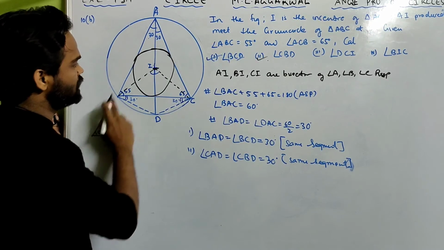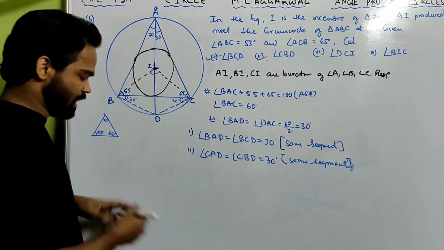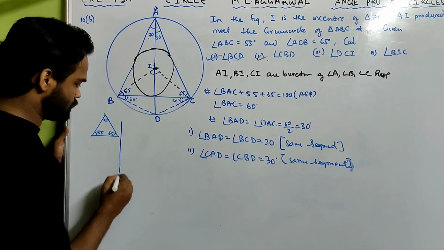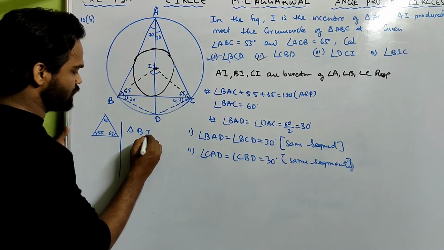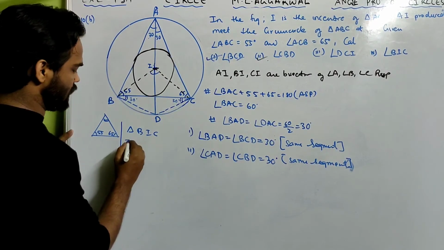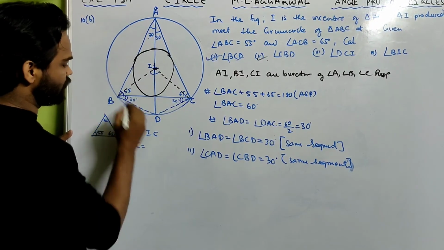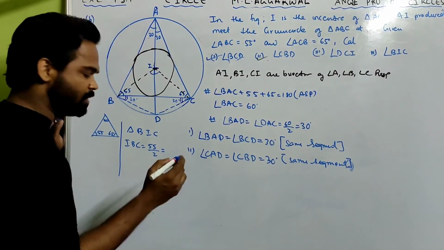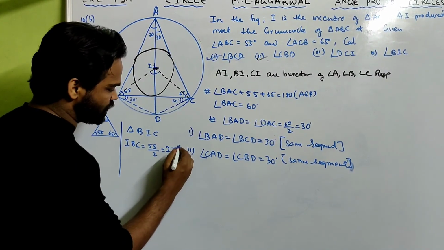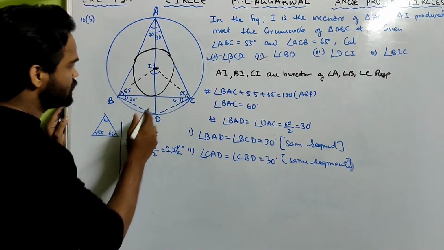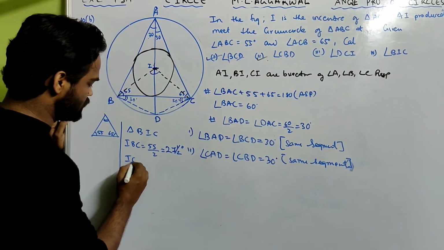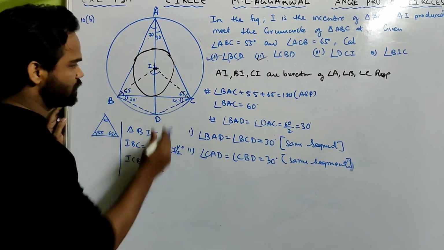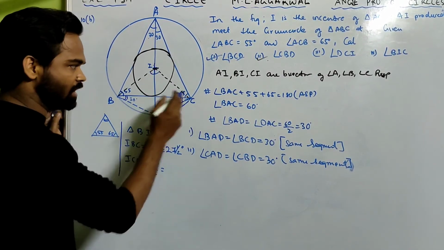Okay. BIC. First of all, look at BIC. In triangle BIC, angle IBC will be 55 by 2. Why? Because BI is the bisector of angle B. That's 27.5 degree. Similarly, ICB is equal to 65 by 2, because IC is the bisector of angle C and angle C is 65.